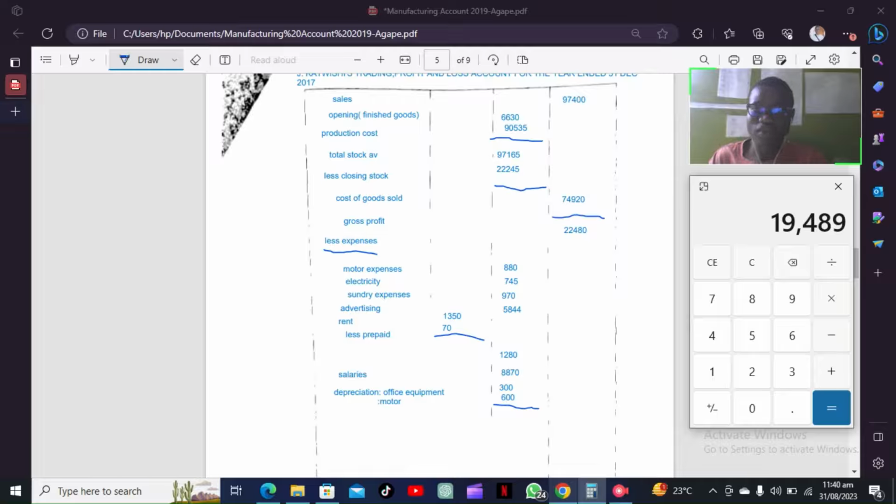What are we getting? We're getting 19,489 kwacha.